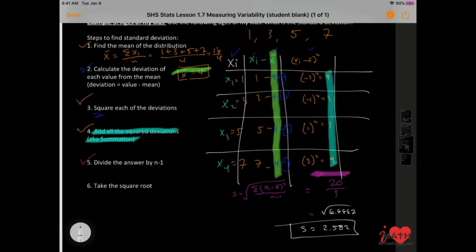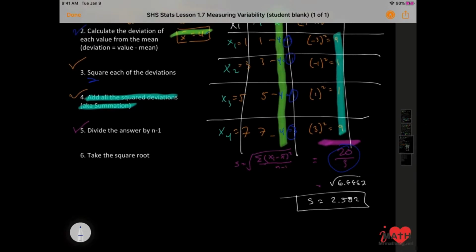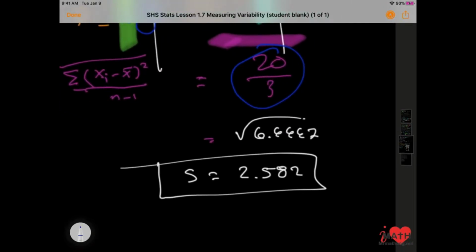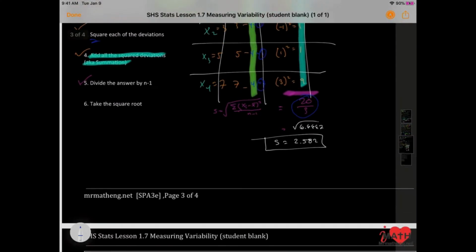And then I added up all the squareds and got here, circled in blue, and then we divided that number by n minus 1. So n was 4, so 4 minus 1 is 3. So 20 divided by 3 is 6.667, and then I took the square root of that number, and that gives me the standard deviation. So it is that much work. But go step by step.